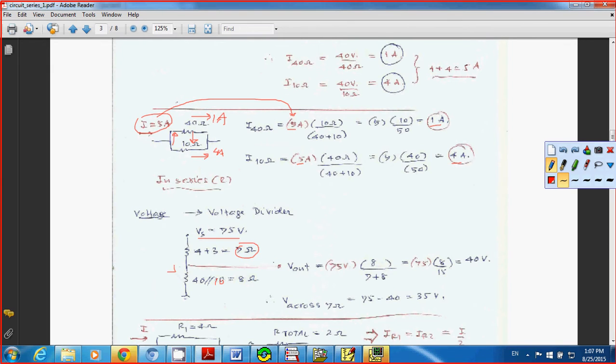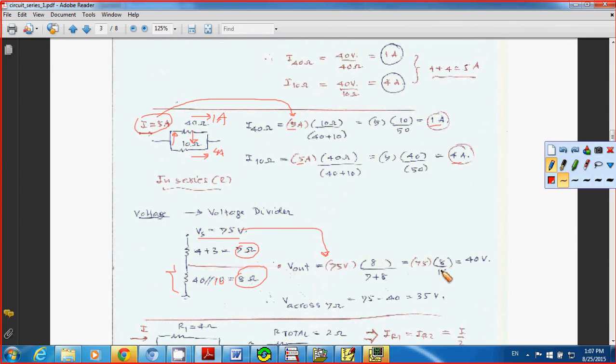You can find the voltage drop across the 8 ohm resistor, or the voltage drop across the 40 ohm resistor and 10 ohm resistor, by multiplying the source voltage, which in this case is 75 volt, by 8 ohm itself, which is different than current, and divide by 7 plus 8, right?